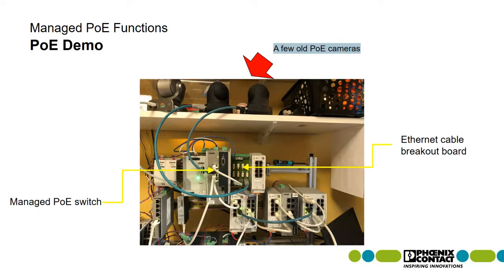It gives us a breakout of all 8 conductors. So what we'll be doing today is breaking conductor 3, which is one of the receive conductors in a 100 megabit Ethernet connection.